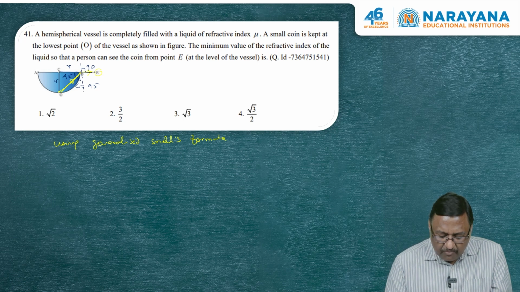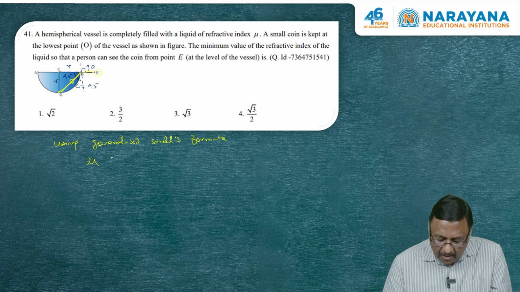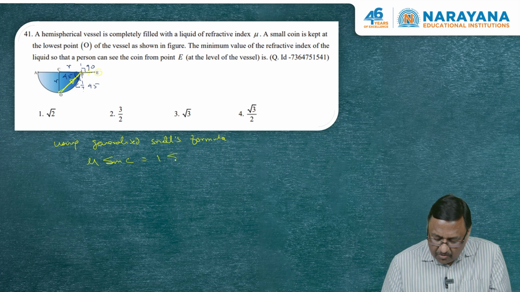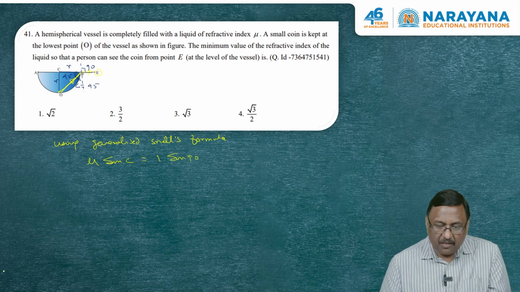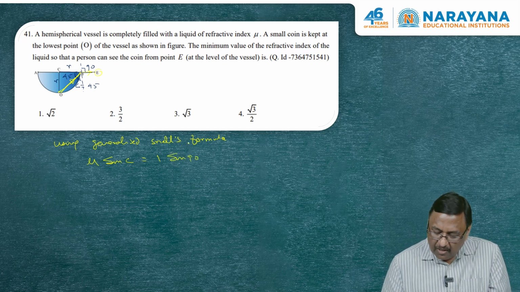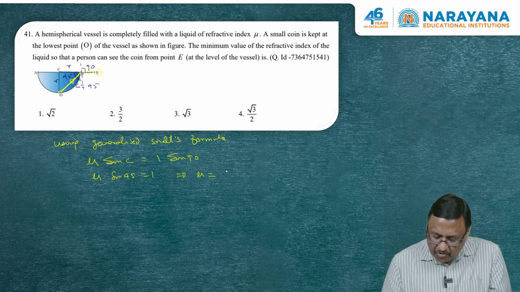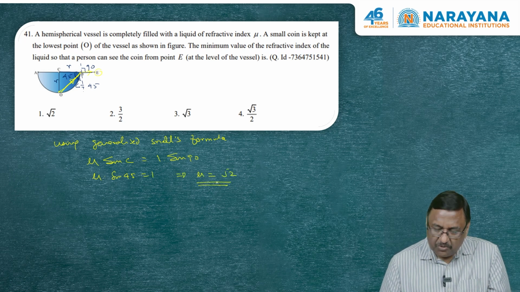In this medium, that is in the liquid, refractive index, let me say, is mu, into sine C, and that is going to be equal to mu of air into sine 90 degree. Mu of air is taken to be 1, you know well. So if I write mu of air to be 1 here, and C is given to be 45, I write mu into sine 45 degree equals 1. That simply gives you this answer that mu is equal to under root 2 here.